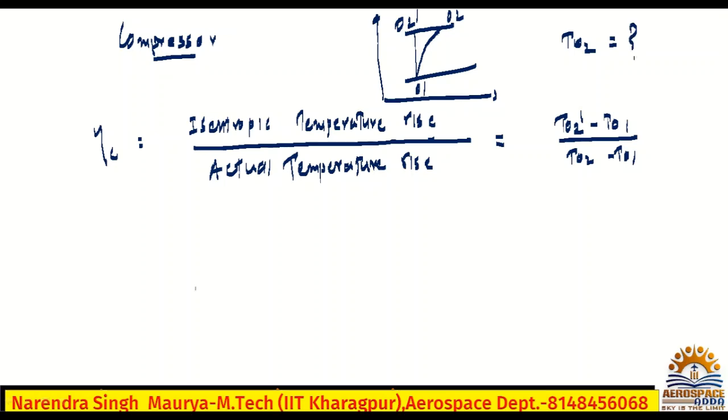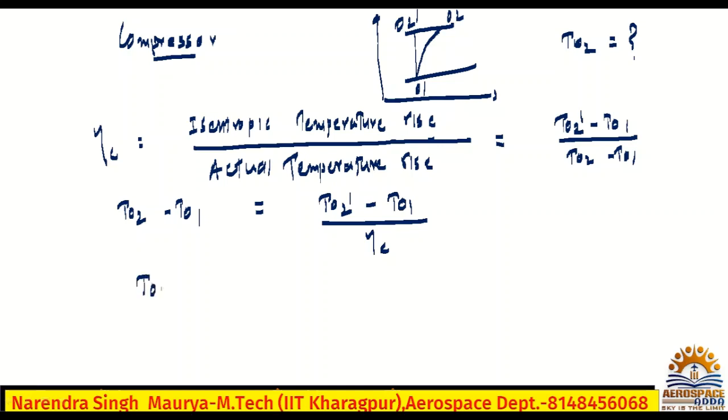What will we do? We can write T02 minus T01 is equal to T02 dash minus T01 divided by eta C, the compressor efficiency. Okay.